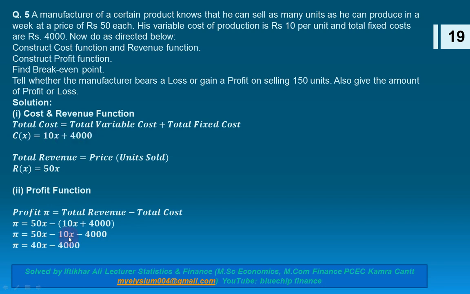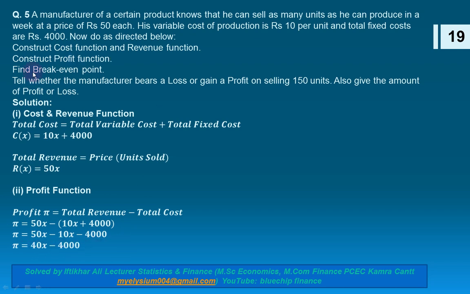Always remember that total cost you always write down in brackets. So when we open the brackets, this plus will be converted into minus. So 50x minus 10x minus 4,000, and profit function will be equal to 40x minus 4,000.